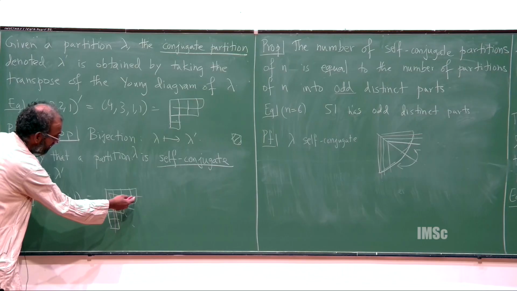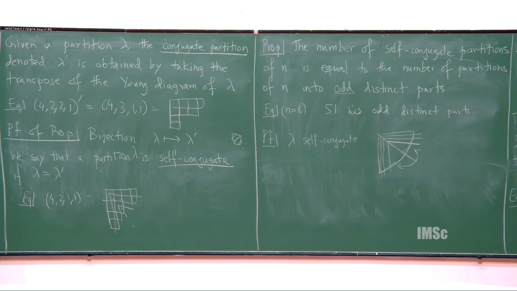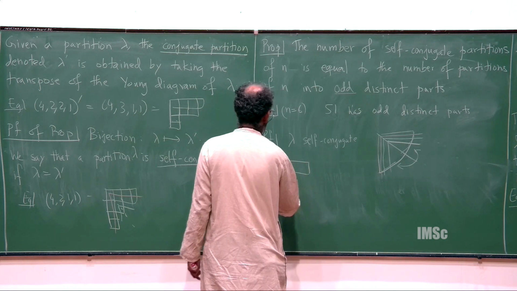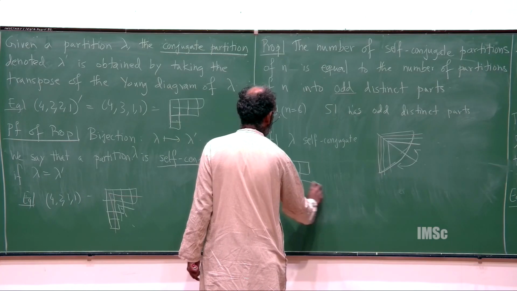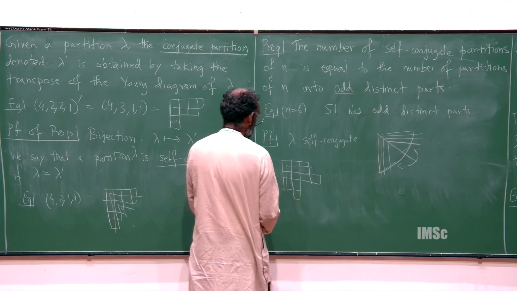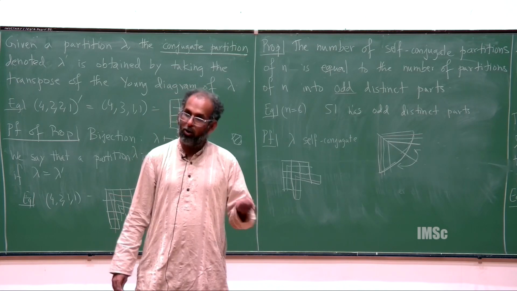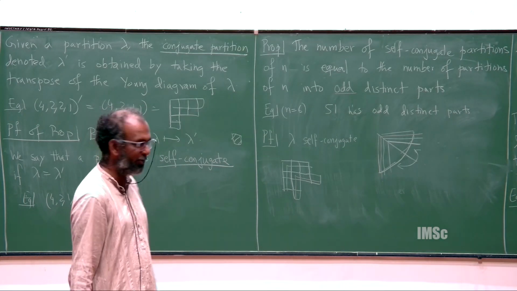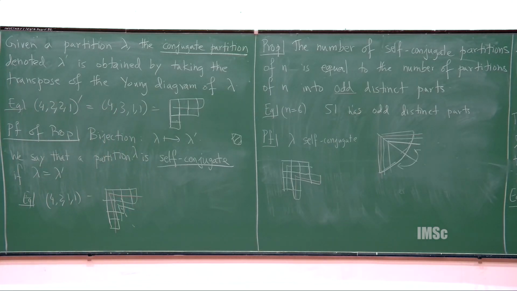So it has to be necessarily a smaller odd number, it cannot be equal. If I have drawn 5 and I try to draw another 5 here, it will look like this. So this is 5 and this is also 5, but this is not a partition, right? Each of the hooks will be necessarily smaller. So again this pictorial representation gives you a lot of information.